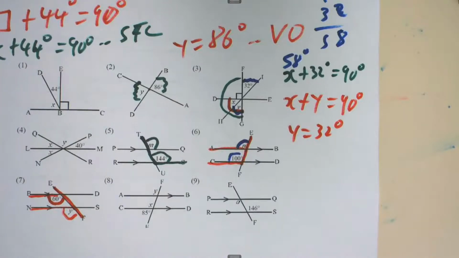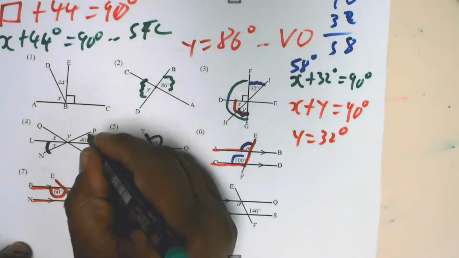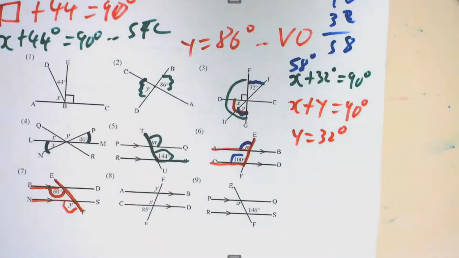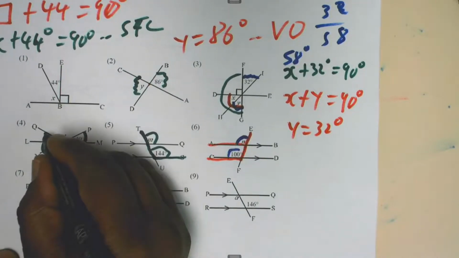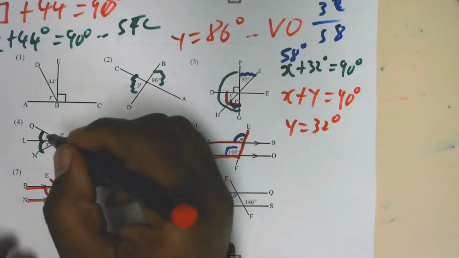Again, number 4, let's look at the relationship. We are looking for x. X is vertically opposite. Therefore, x is 40 degrees. And the very same x on this side is also equal to 40 degrees. Now link that relationship.